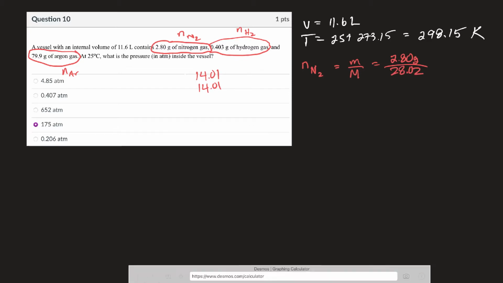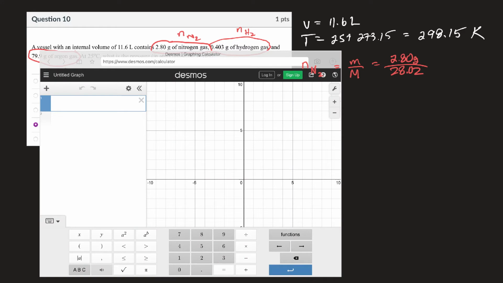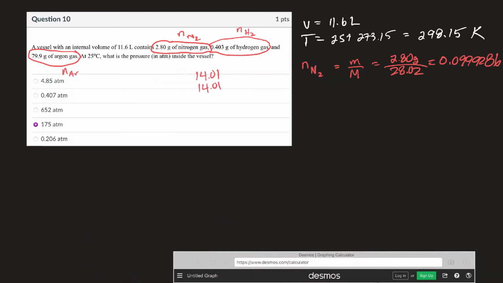Let's do that on the calculator. 2.8 divided by 28.02, so I get 0.0999286, and that is moles of nitrogen.